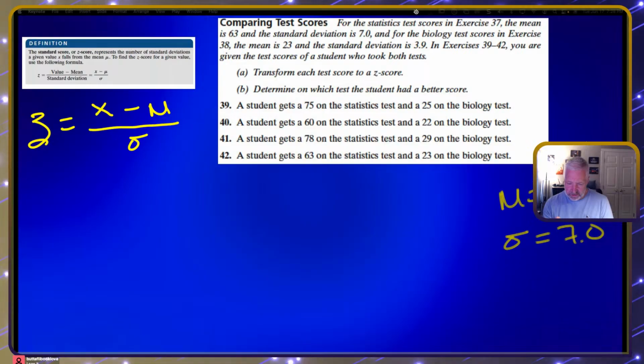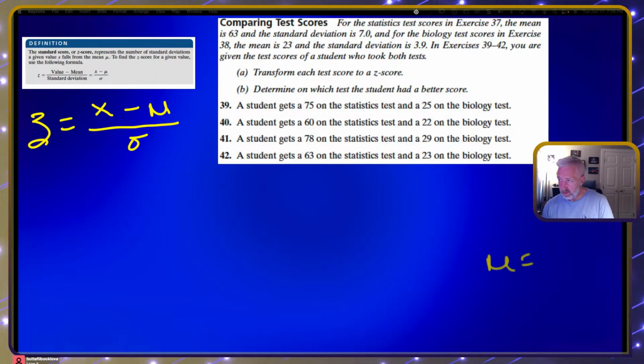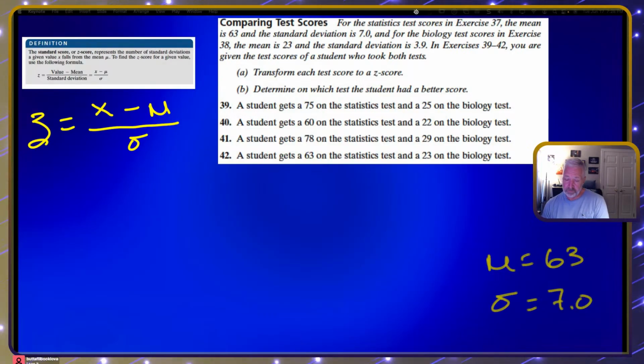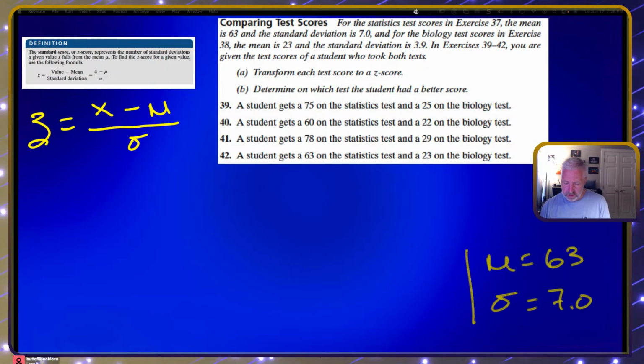I'm actually going to do this a little bit differently. I'm not worried about comparing the biology and stat scores. I'm just worried about finding the z-score right now. So I've got that mean right there.